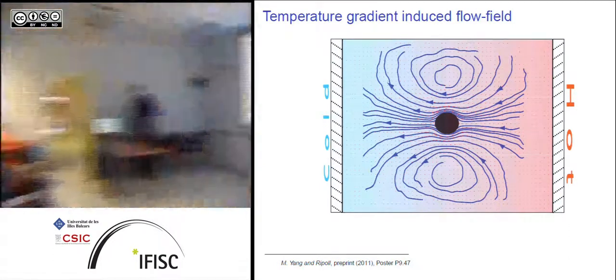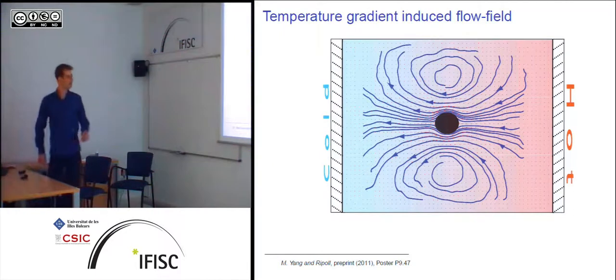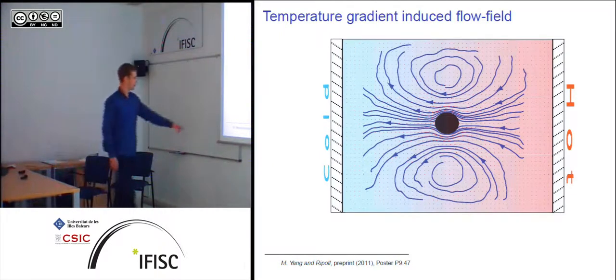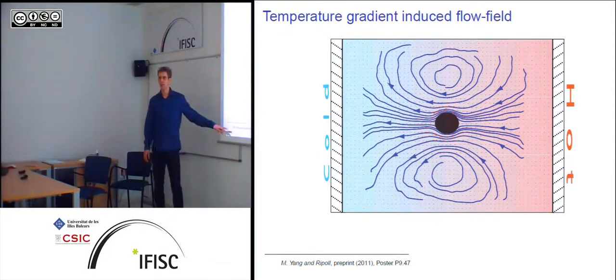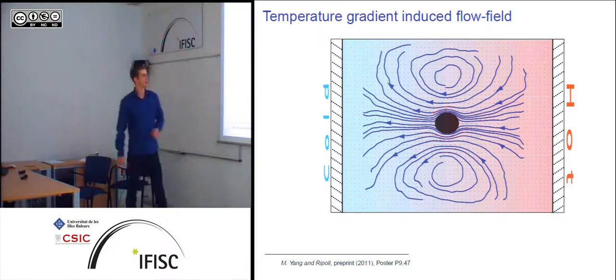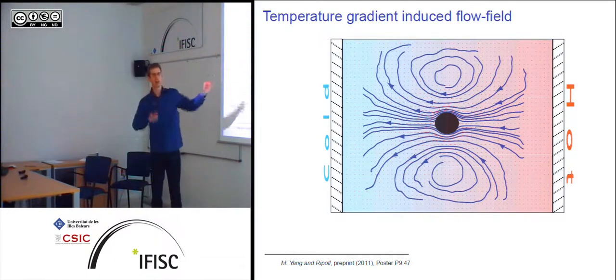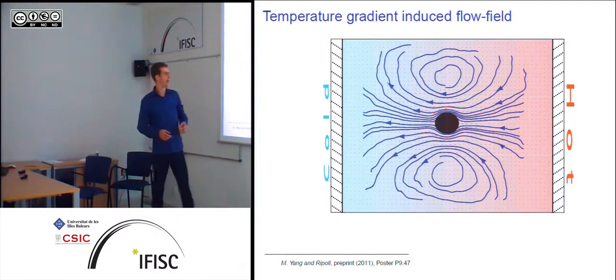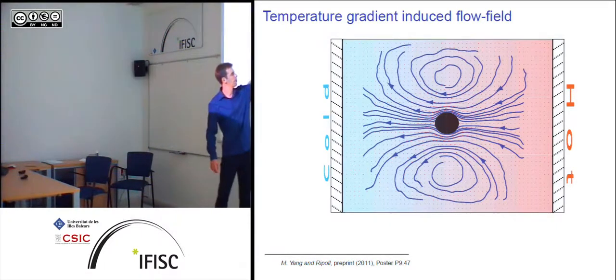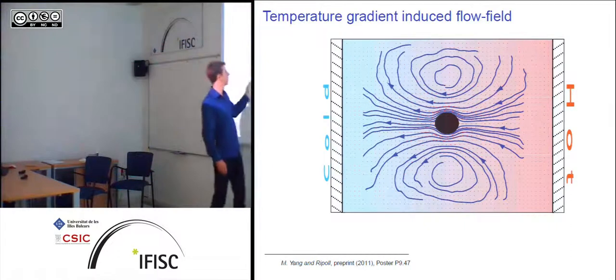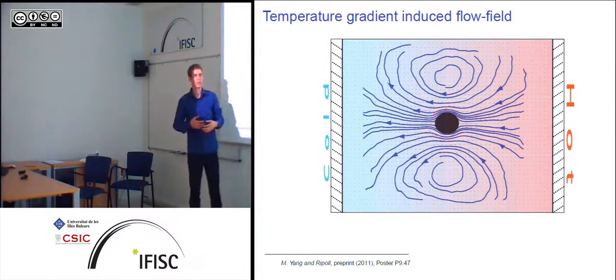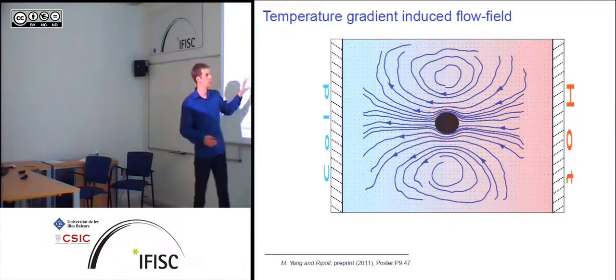I can show you a nice figure which has been done by my colleague, who was also a postdoc at the same time. He studied the flow field around the colloid. This has been done together with walls, but in principle you have the same without walls, with this biperiodic simulation box.